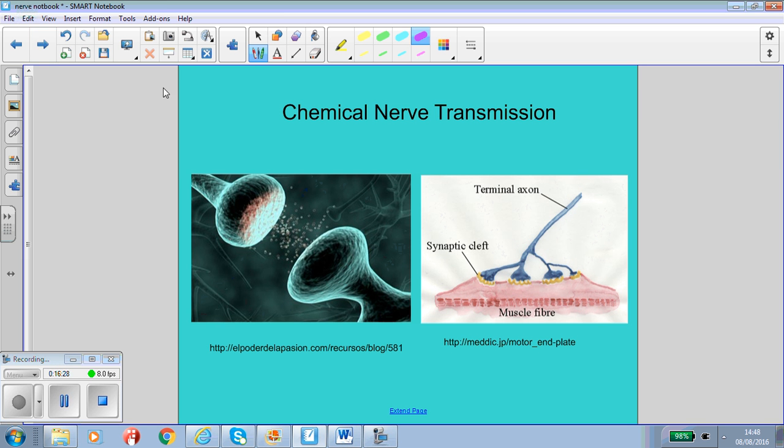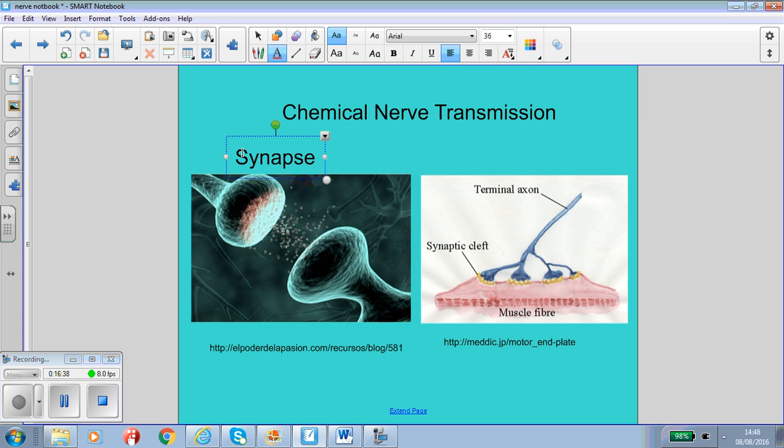So when we have two neurons that come together, that's called a synapse. When we have a neuron meeting muscle tissue, we call that a motor end plate.